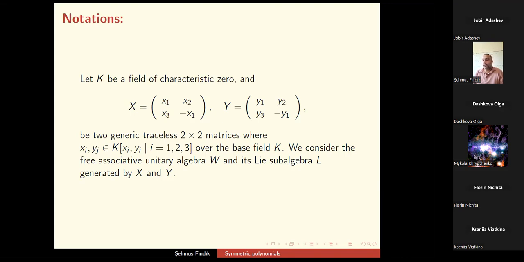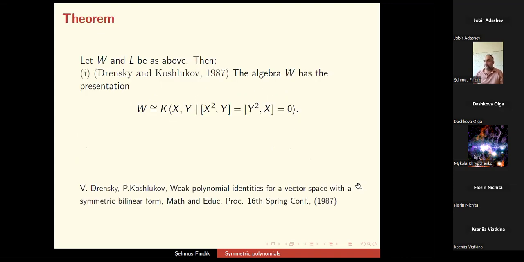The unital associative algebra W is generated by x and y. And its Lie subalgebra is denoted by L, which is also generated by x and y. Of course, here L is the free algebra in the variety generated by sl_2(k).